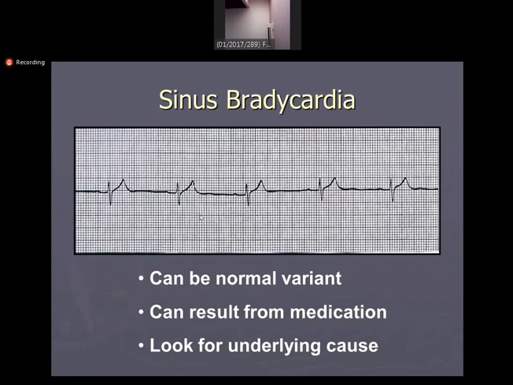Similarly, you can see here a P wave followed by a QRS complex. P wave followed by a QRS complex. It is called sinus rhythm. Current is originating from the SA node. Similarly, if you see the RR distance from here to here, from here to here, it is equidistant.